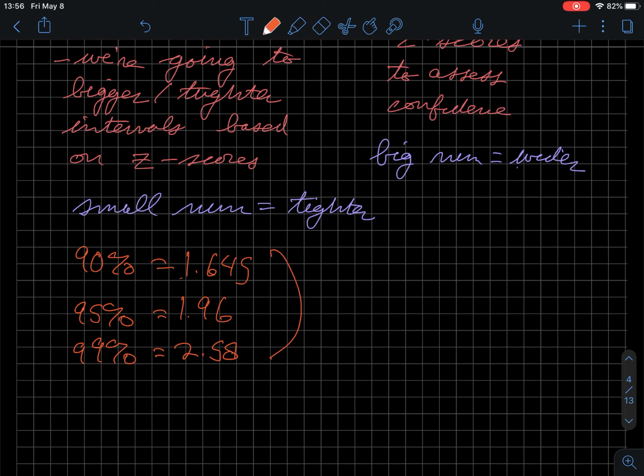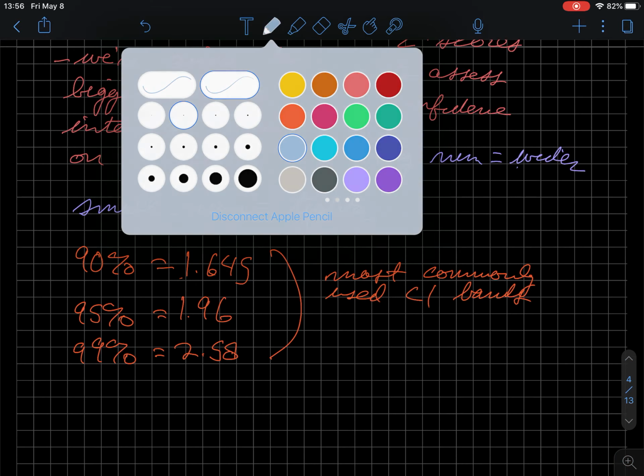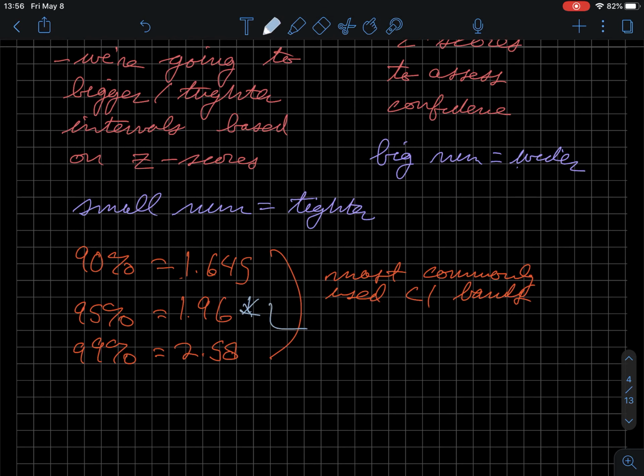The point is that these are the most commonly used values, sometimes called CI bands, and 95% is the most common out of that bunch.